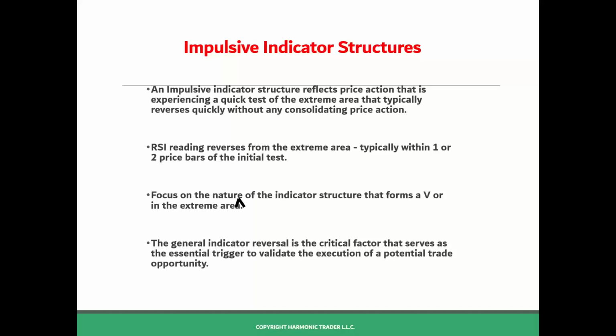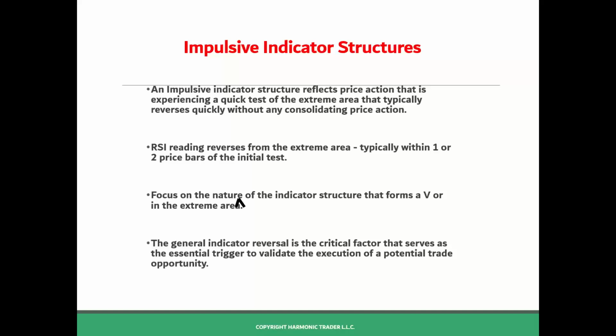Now we'll take RSI because that's really where I started. Of all the indicators, I felt RSI had the strongest correlation, the strongest predictive capabilities with the patterns, and was finding that with the patterns, especially with the best impulsive readings, they were happening within 1 or 2 bars of that initial test at the terminal bar.